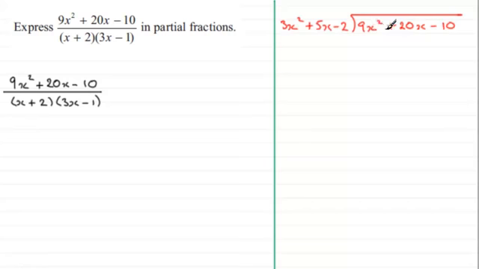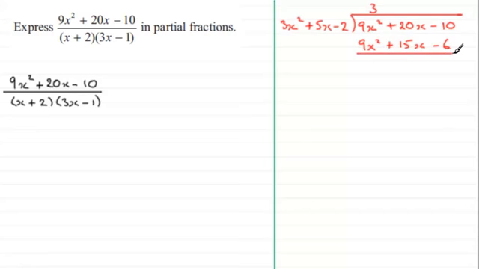So, algebraic long division. What do we multiply 3x squared by to get 9x squared? Well, that's simply 3. 3 times all of these three terms. 3 times 3x squared gives me 9x squared. And then 3 times 5x is 15x. And then 3 times minus 2 is minus 6.